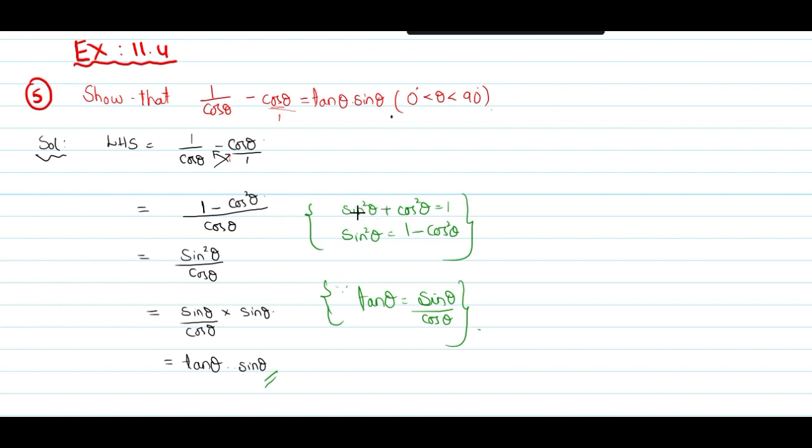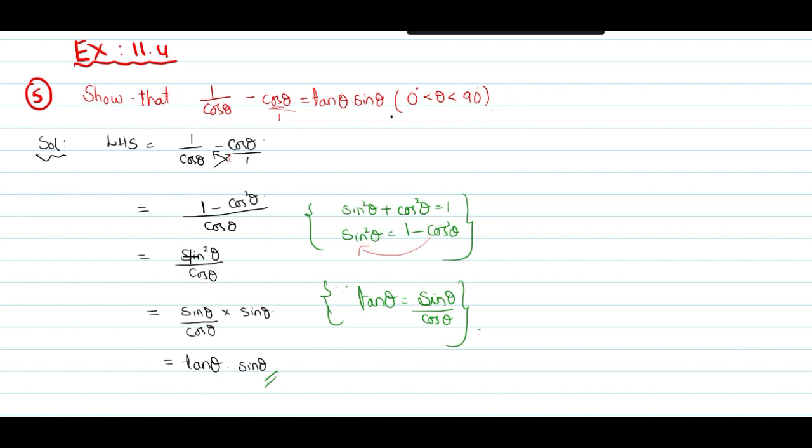As we know from the identity, sin square theta plus cos square theta is equal to 1. When we transpose cos square theta to the RHS, we will get sin square theta is equal to 1 minus cos square theta, right. So 1 minus cos square theta can be written as sin square theta. So I am replacing this 1 minus cos square theta with sin square theta upon cos theta.